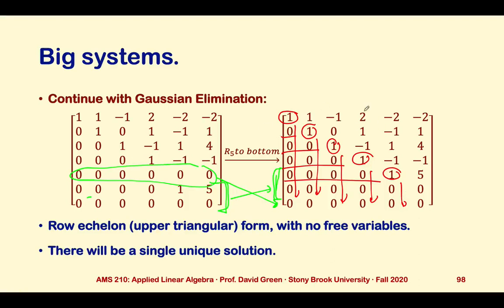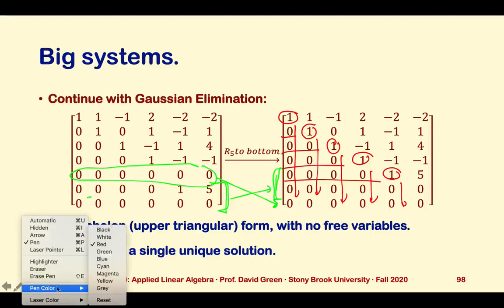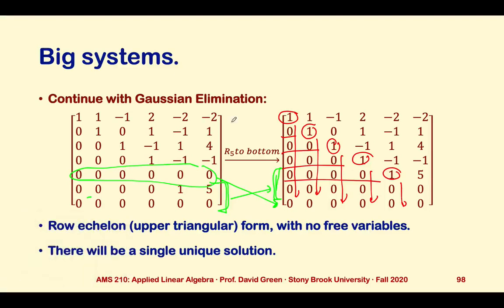We also note, remember, how do we classify the columns in an augmented matrix? The first 5 correspond to variables, and the last corresponds to our right-hand side or our constants. Every variable has a pivot.